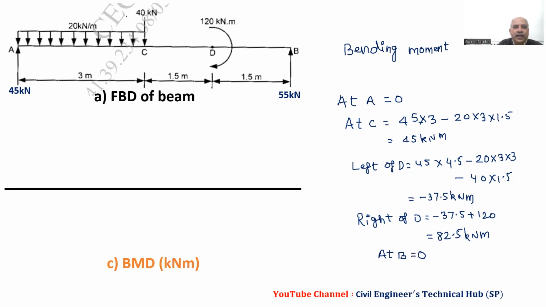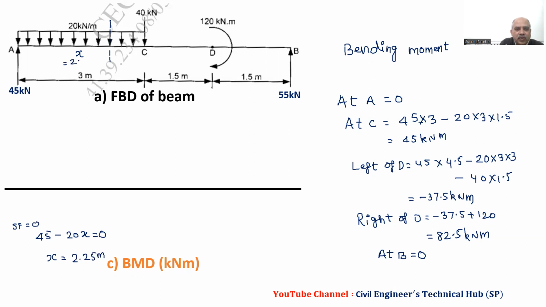Now we have to find the point of zero shear force. Let us say at X we have zero shear force, so 45 minus 20x equal to 0, and we will get X as 2.25 meters.